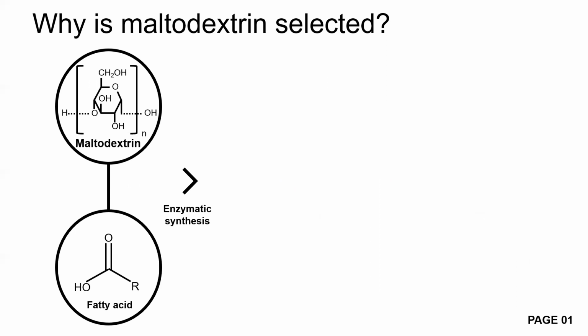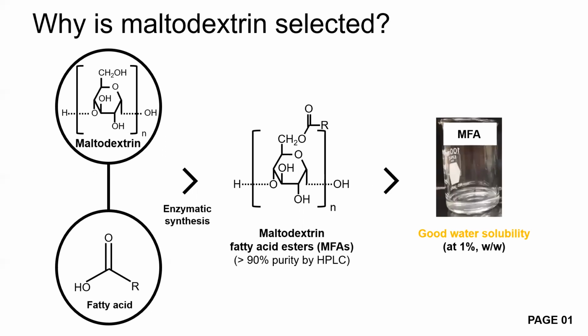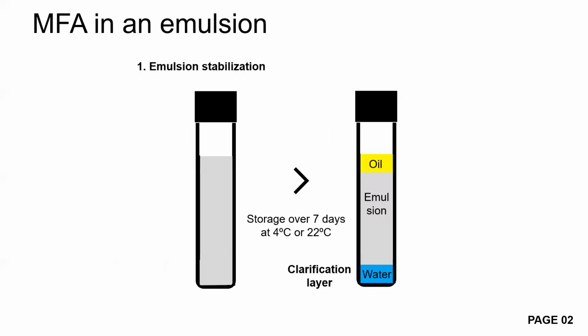Using a lipase, I synthesized maltodextrin fatty acid ester, and the synthesized compound was confirmed by HPLC and NMR. Also, the final compound showed good water solubility. So using the synthesized compound, I studied its ability in an emulsion system.